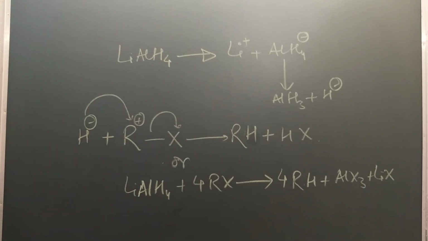The halide can be chlorine, bromine, etc. This is the mechanism by which LAH, acting as a hydride ion donor, converts the alkyl halide to alkane, and this can only be done in the case of primary and secondary, not tertiary. To convert tertiary alkyl halide to alkane, we need another reducing agent, that is triphenyl tin hydride.